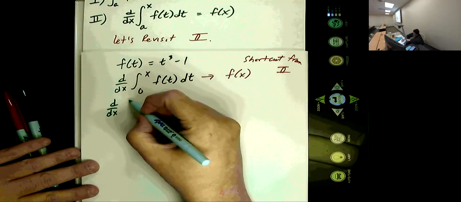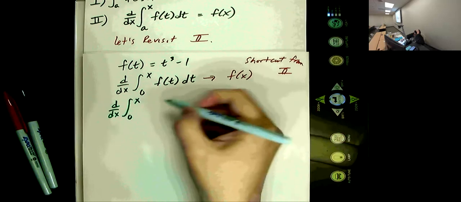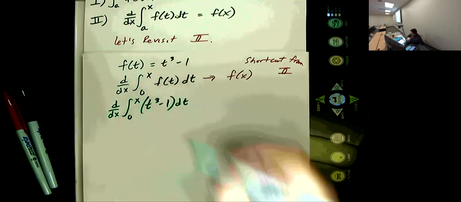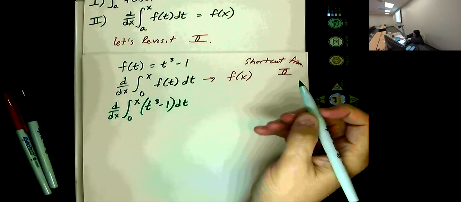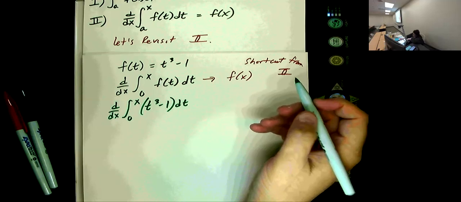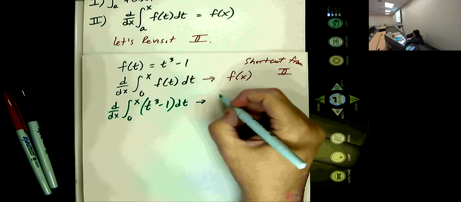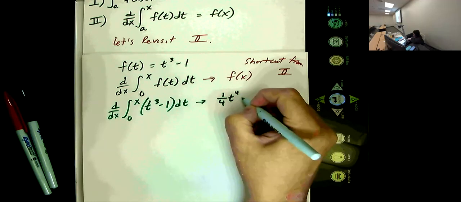Let's actually work out the integral though. You should put parentheses around it like that when you're doing integrals to make it clear what's inside the integral and what dt is hitting. If I integrate that with respect to dt, we just had this 1/4 t to the 4th minus t.